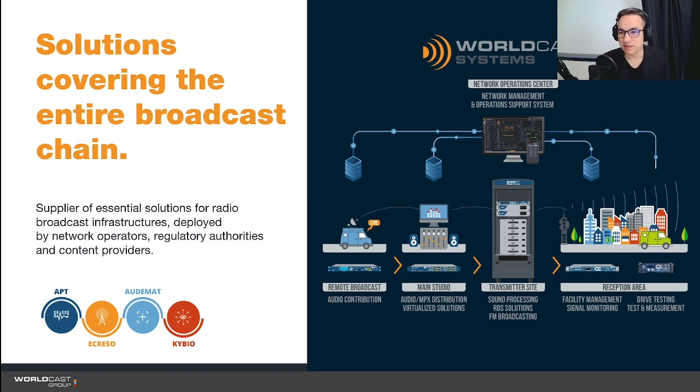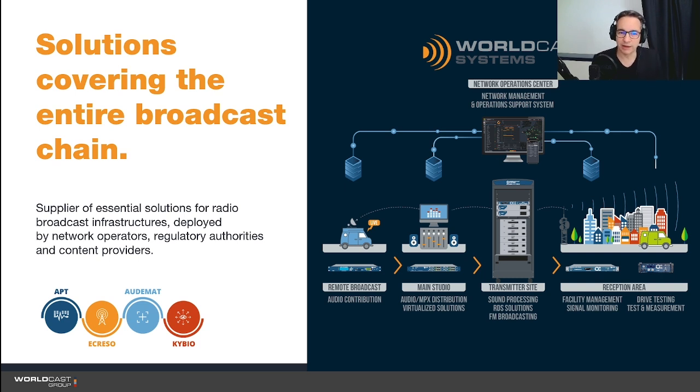There are three brands: APT for the transport of the content over IP, ICRISO focusing on FM transmitters, and Odemat, which is our brand for signal monitoring, test and measurement for FM, for DAB, and more. To collect all the data and monitor our devices, but also any kind of equipment, we use Kibio, our NMS, and this is globally what we can provide.